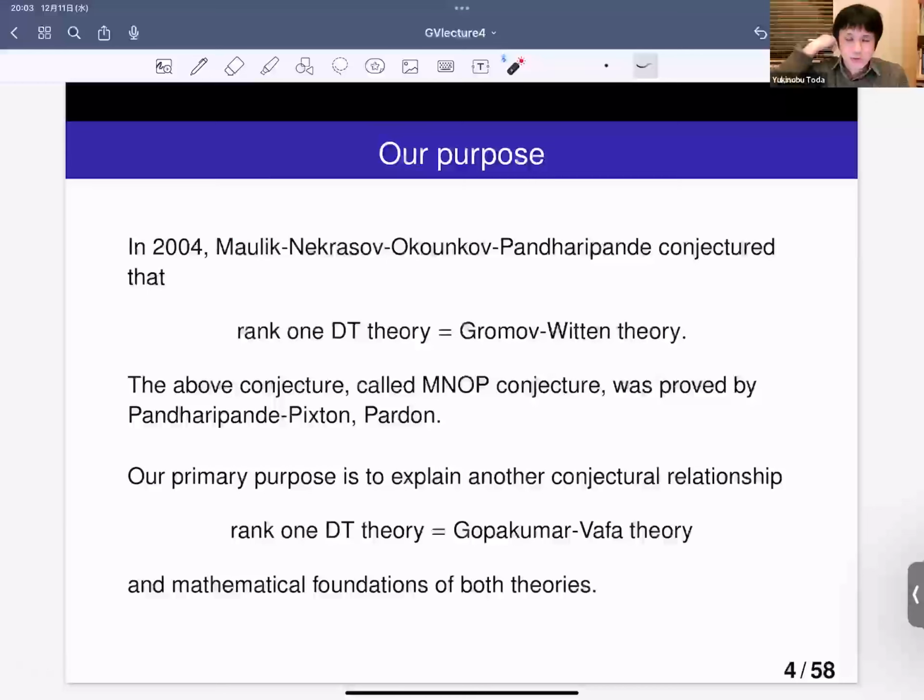The main purpose is to explain the relationship with rank 1 Donaldson-Thomas theory. Basically, Donaldson-Thomas theory counts sheaves, so it does not necessarily directly count curves. But if you only consider rank 1 theory, then it counts curves, so this is a curve counting theory.